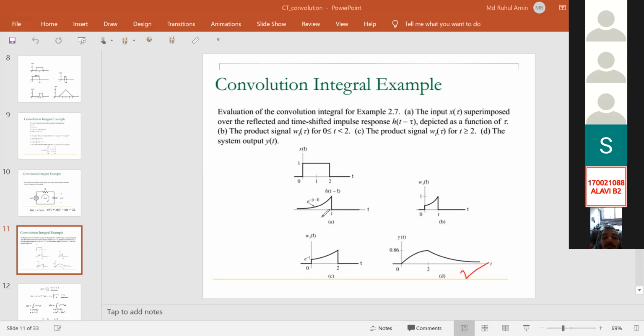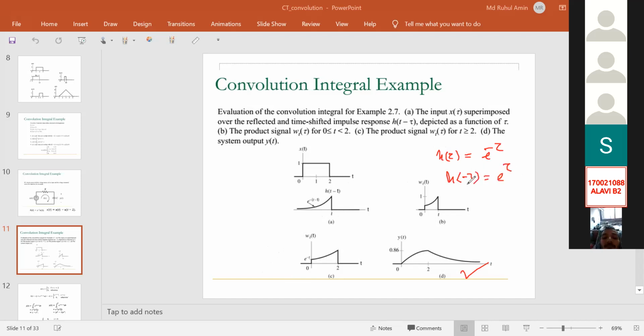In this case, when you shift the signal, consider that your h(tau) is e to the power minus tau. If we shift it to h(minus tau), it will be equal to e to the power tau.